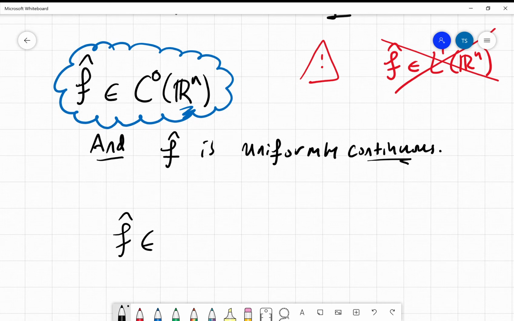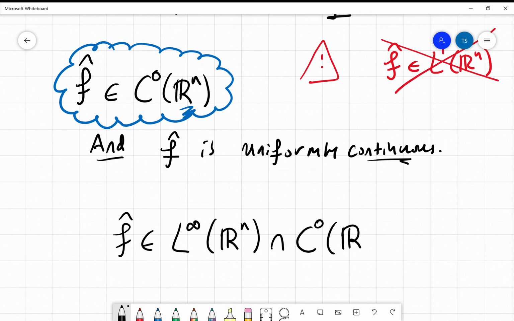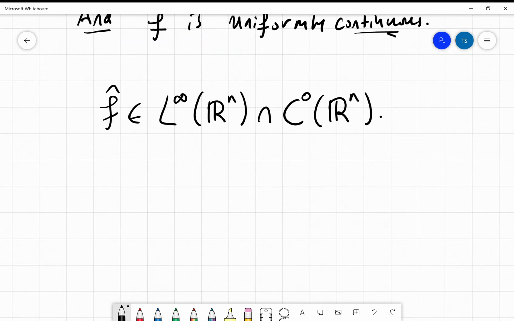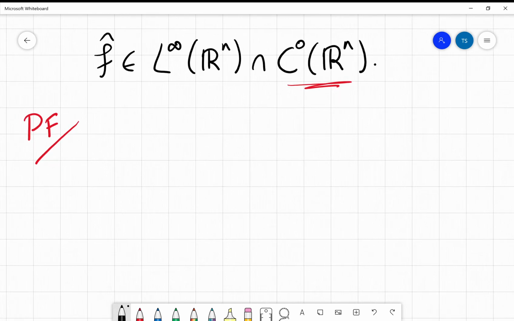So we can summarize this, of course, by saying that f hat is in L infinity of Rn intersected with this continuous space.